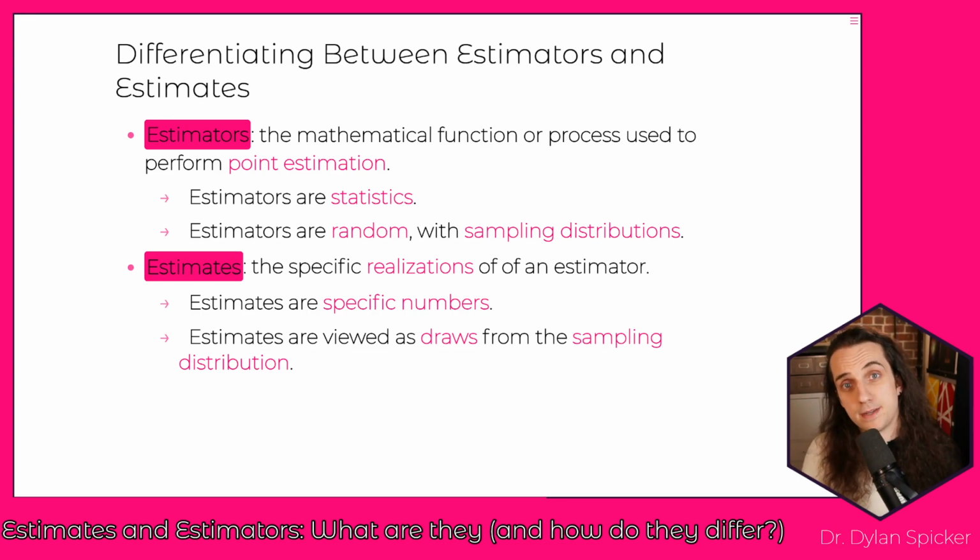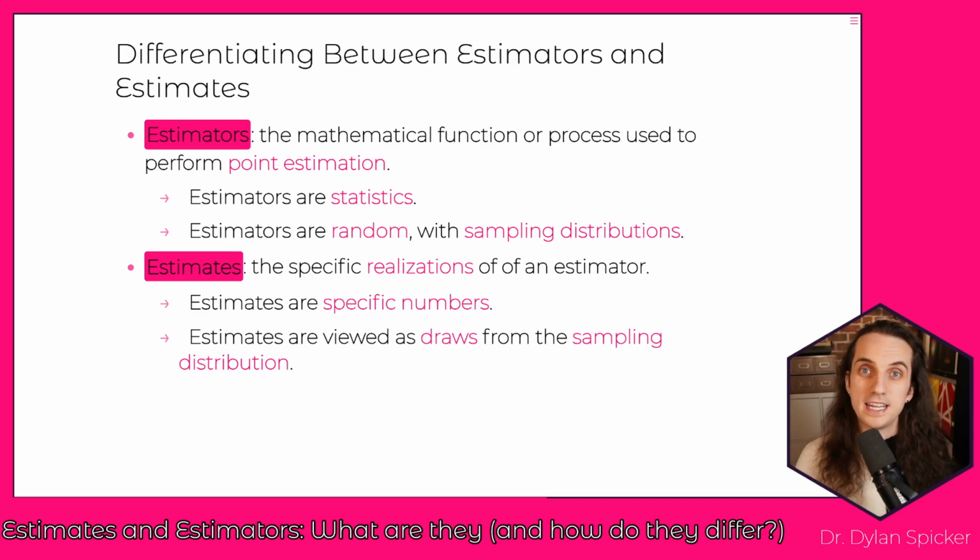There's some number associated to an estimate. We can view estimates as draws from the sampling distribution. So whenever you observe an estimate, you can say that's a realization of my estimator, coming from the sampling distribution of my estimator. And remember that every time you take a sample, there's going to be differences within that sample, right? There's sampling variability. And so the estimator's distribution comes from the sampling variability. That's where the sampling distribution emerges from.